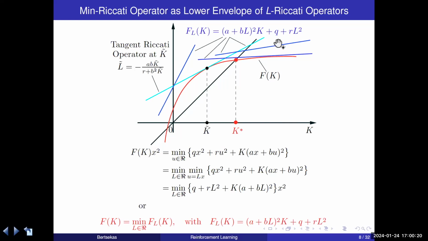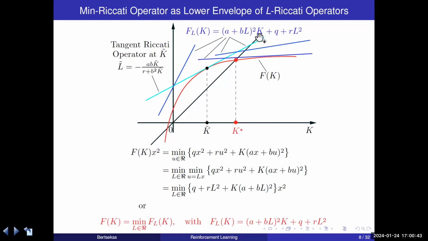Here's another thing that this equation says: if I have some k over here, and I want to find f of k, I can do it by minimizing over L. So I can go to this vertical line and look at all these points where these lines intersect. And then I can take the lowest line.